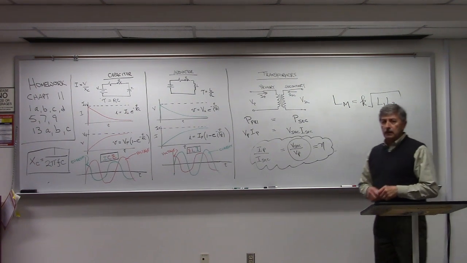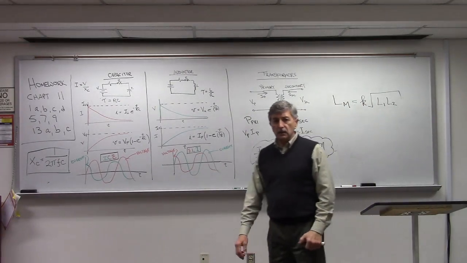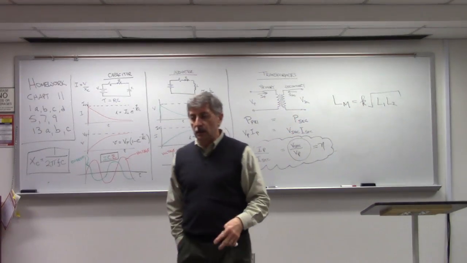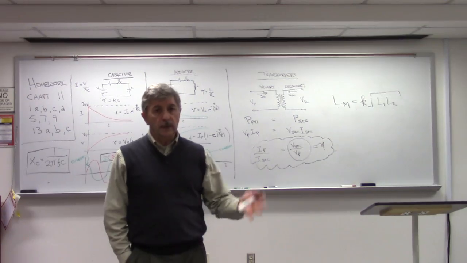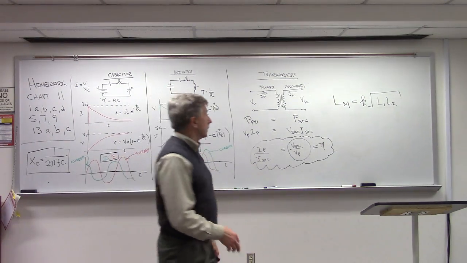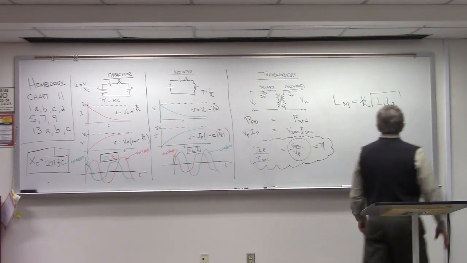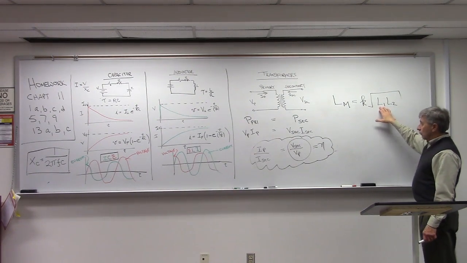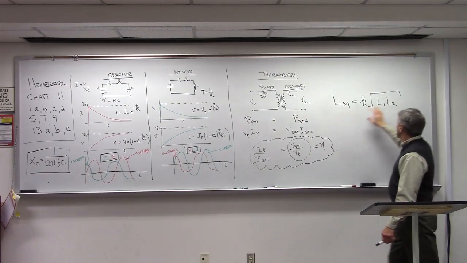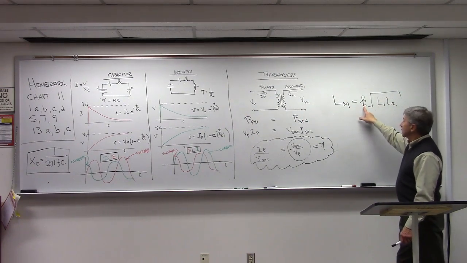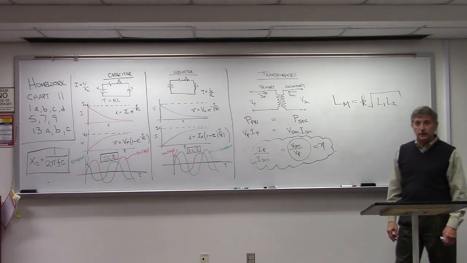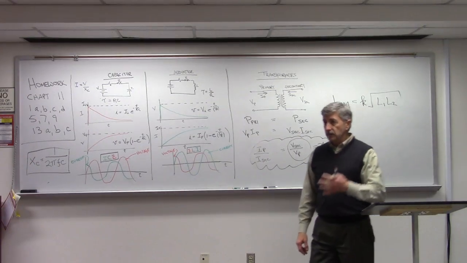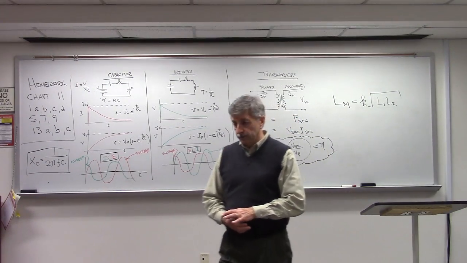It has to do with the efficiency of the transformer as a system, if you will. This would be the inductance of one coil, the inductance of the other coil, and this is known as a coupling coefficient or a coefficient of coupling, one of the two.